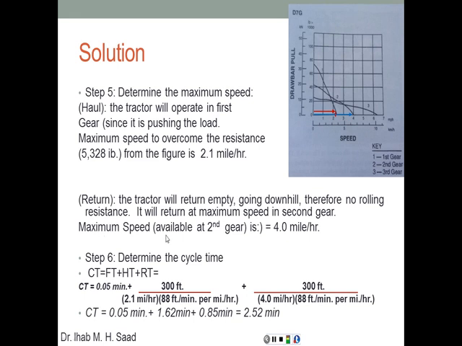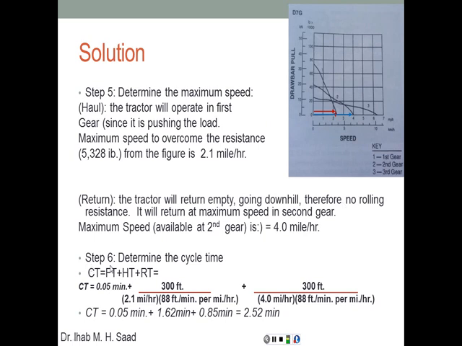So the maximum speed available in second gear is going to be 4 miles per hour. So moving uphill, moving forward, loaded, we're going to operate at 2.1 miles per hour. Moving downhill, backward, we're going to operate at 4 miles per hour.